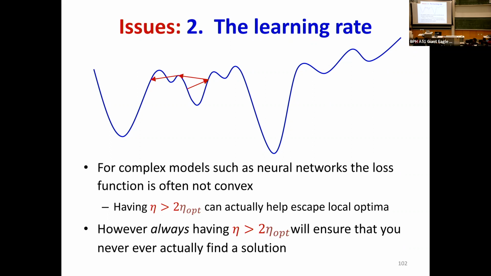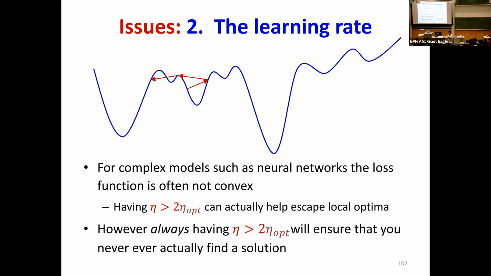So you want to start off with a large learning rate so that you have a good chance of escaping any local minima, and then slowly decrease your learning rate, the step sizes. Eventually you end up in a large bowl where your step size is smaller than the width of the bowl and you'll find the minimum.